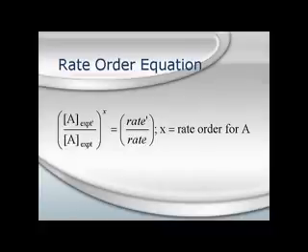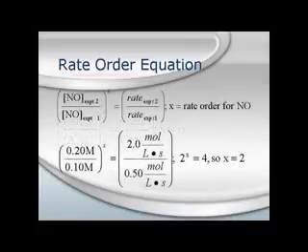X would equal the rate order for A. So we're looking at the ratio of the concentrations raised to some power is equal to the ratio of the rates. And we just need to make sure that we keep our experiments, the data from which experiments, consistent.